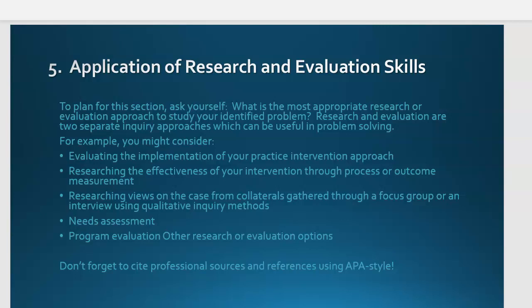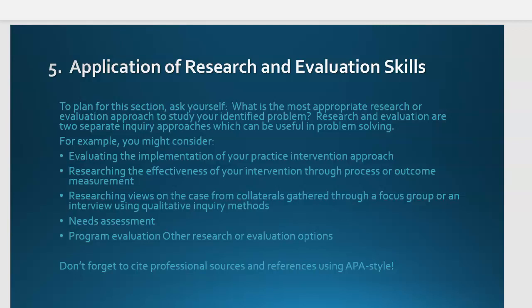So before you write this section, take some time to plan and ask yourself, what is the most appropriate research or evaluation approach to study the specific problem that you've identified? Keep in mind that research and evaluation are 2 separate lines of inquiry. They're 2 separate approaches. Both can be useful in problem solving.